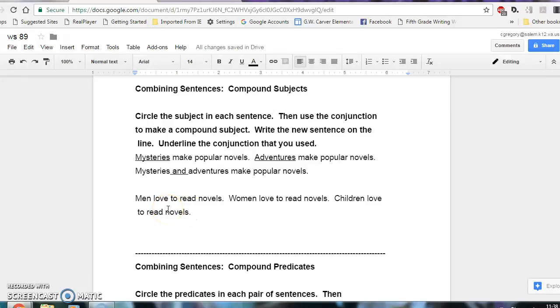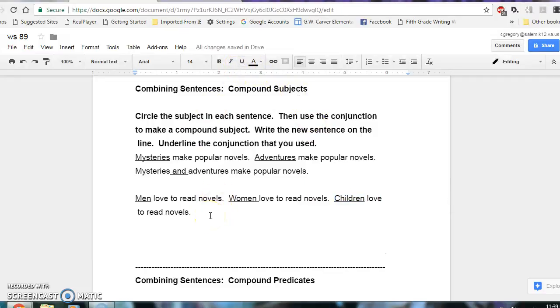All right, next one. Men love to read novels. Women love to read novels. Children love to read novels. We actually have 3 separate sentences here with 3 separate subjects. Men, women, and children, and they all love to read novels.